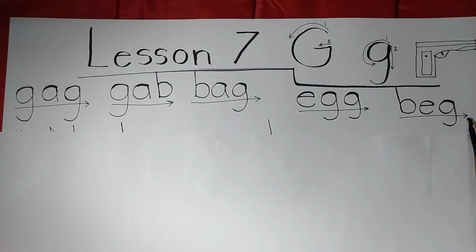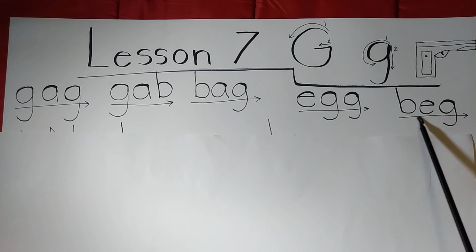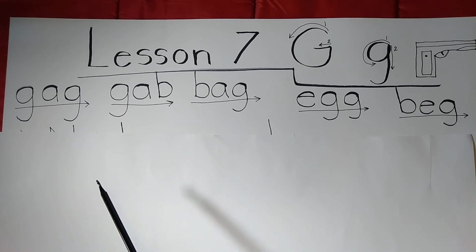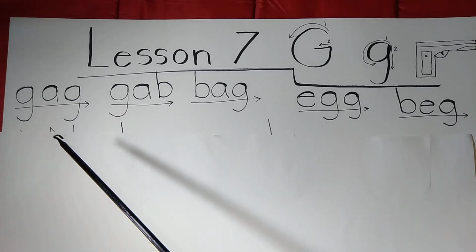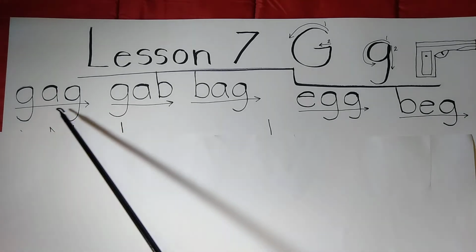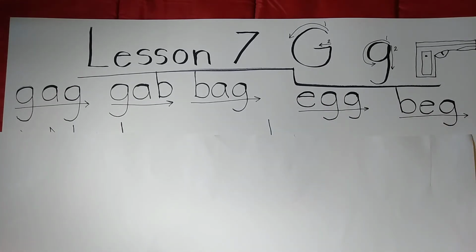Beg. Beg is what a dog does when you're eating at the table, and it's kind of making a whiny sound and looking at you with pleading eyes. You know, beg is pleading for something. People can do the same thing. So, teachers, I'd like you, again, to use the pause button and go over these words with students. Help them as needed.